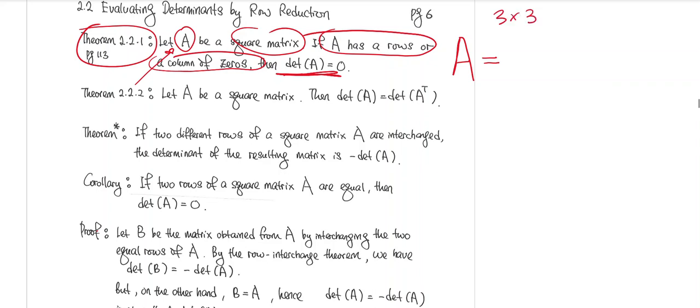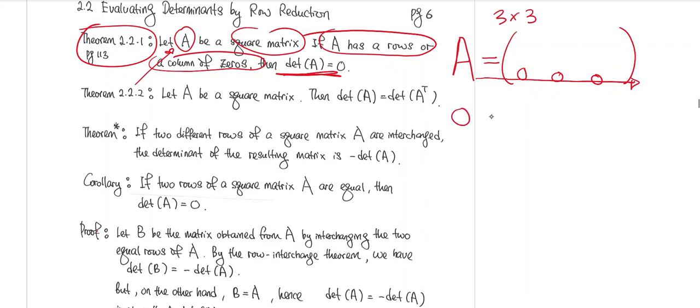Let's say we are looking at a 3 by 3 matrix, and suppose the third row is equal to 0. You have a row of 0. Why is the determinant equal to 0? From the first video, you know that we can compute the determinant by doing a cofactor expansion along this row.